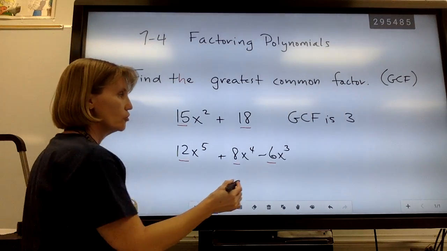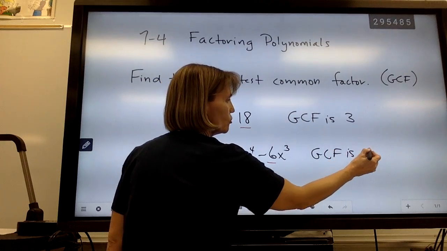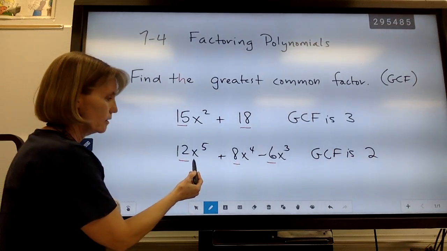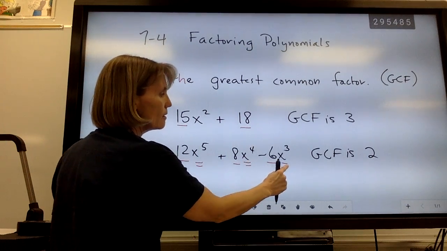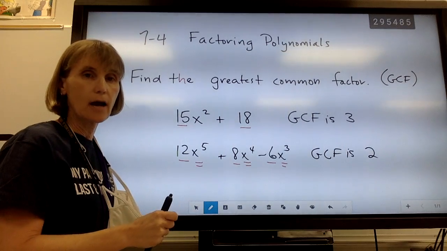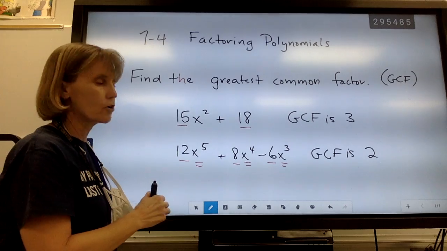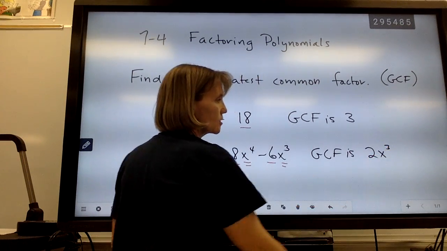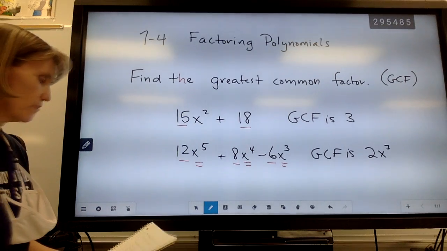Hopefully you said a 2. 2 goes into all of those numbers. Now, when you look at the variable part of it, they all contain the same variable of x, and they all contain at least how many? When you have different exponents like that, you want to take the smaller exponent. So they all have an x in common, and the smallest exponent is 3. So a 2x to the 3rd is the greatest common factor.